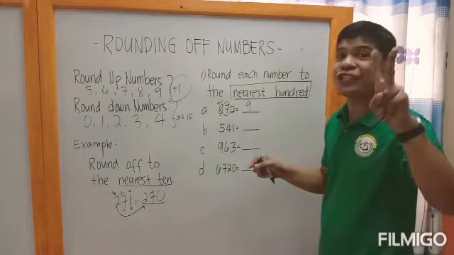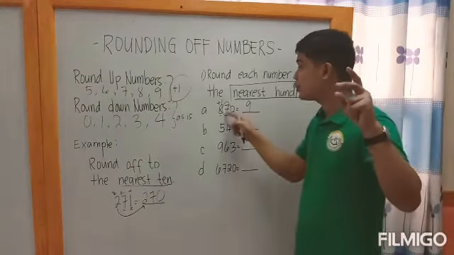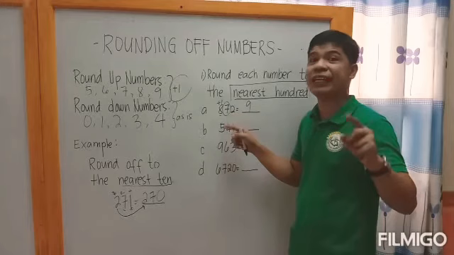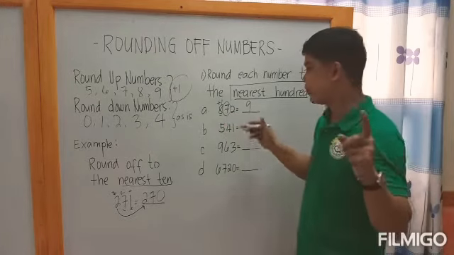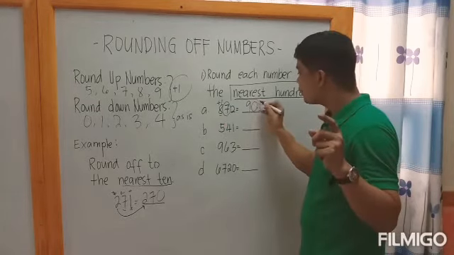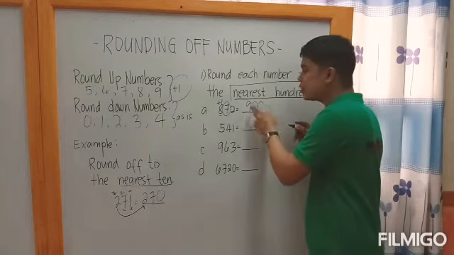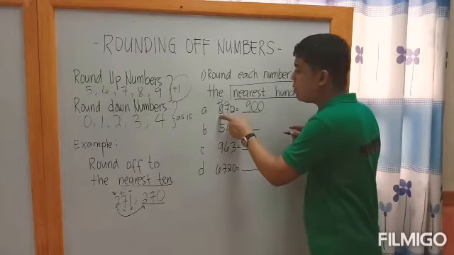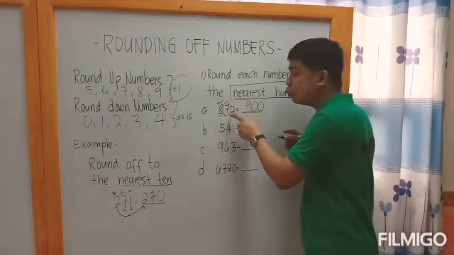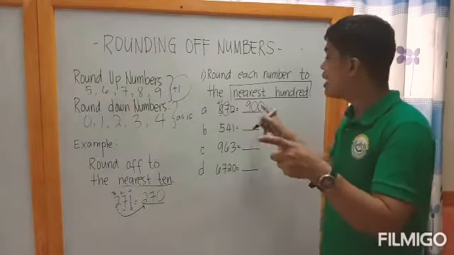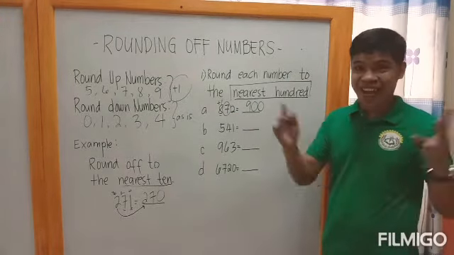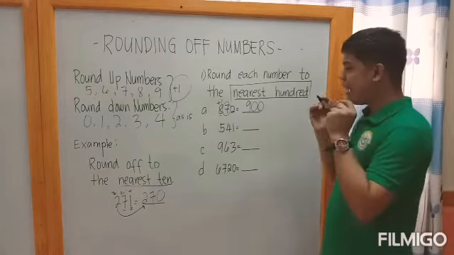We'll be adding 2 zeros because there are 2 digits here near the 8. So we have 1, 2. So we have 2 zeros, so 9. So 872 becomes now 900.